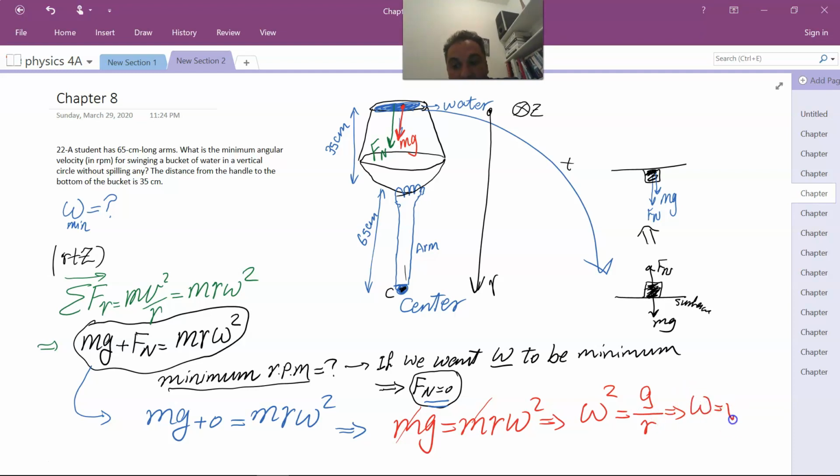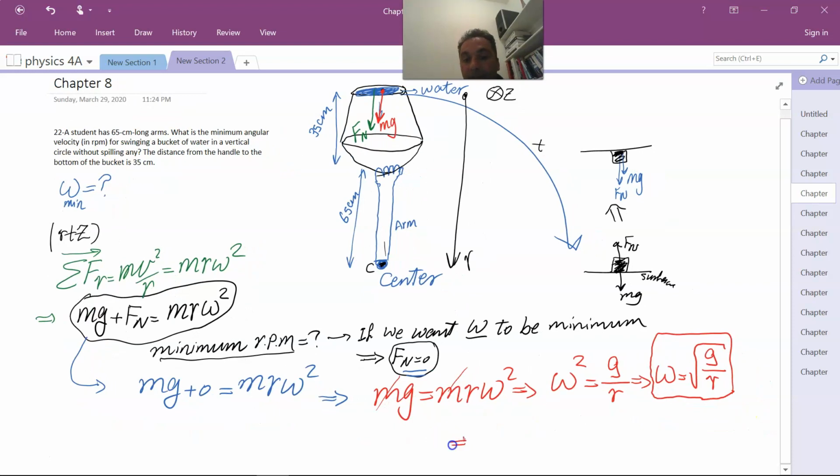So omega becomes the radical of g over R. So the number of revolutions per minute depends on the gravity of the planet, the gravity of the location, and if little kids do this, they will get a different omega than tall guys do, because it depends on the radius of rotation. Does that make sense?